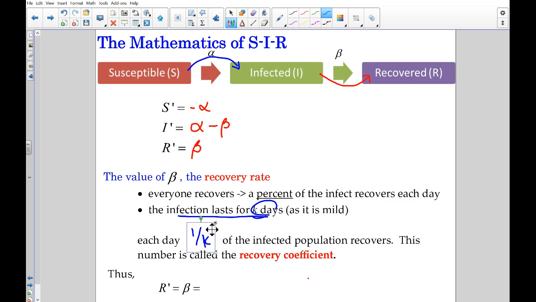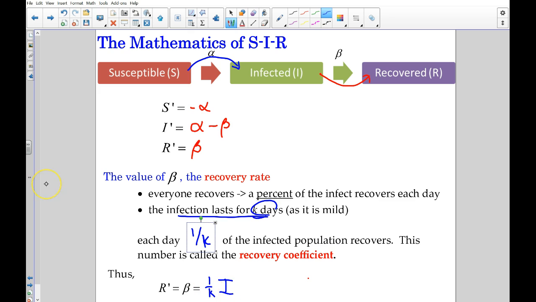Each day, 1 out of K of the infected population recovers. So some proportion of the infected population is going to recover, and that is going to be 1 out of K. This 1 out of K is called the recovery coefficient, and it's the proportion of people that recover each day.